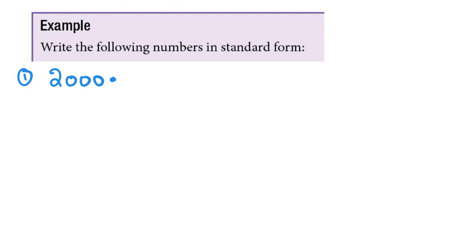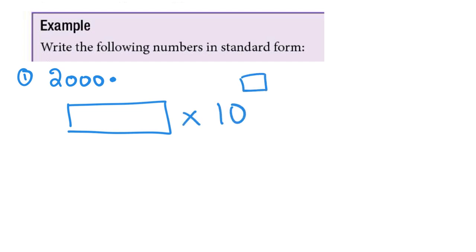Now, what is the format of a standard form? You have a number times 10 to the power some number, isn't it? Now, this number has to be between 1 and 10. It can be 1, but it should be less than 10.